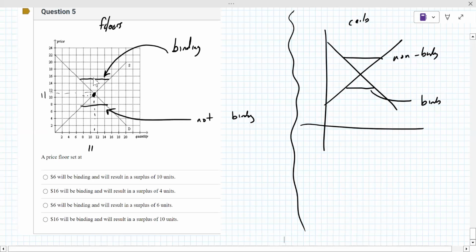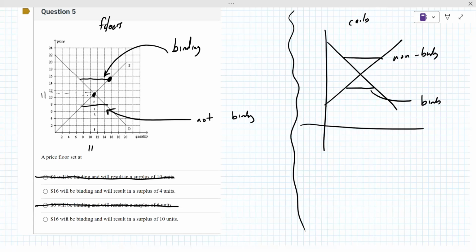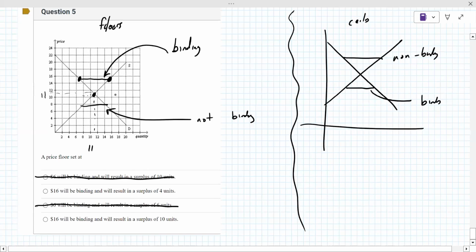So it's binding if the price is above. So 16 will be binding. So those are your 2 possibilities. It's binding if it's above. And then we got to figure out, well, what's the surplus? Okay. So the surplus, if it's above here, how do we figure that out? Well, if the price is 16, actually, I didn't draw that very well.